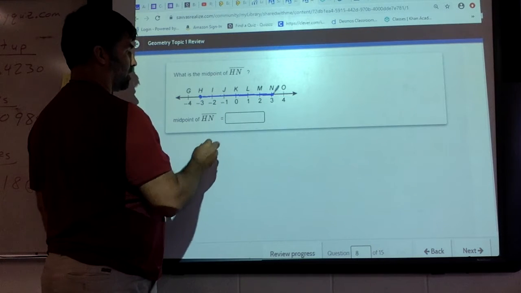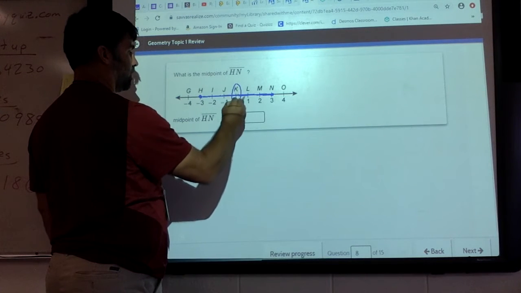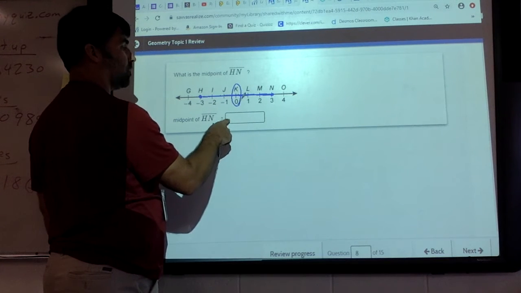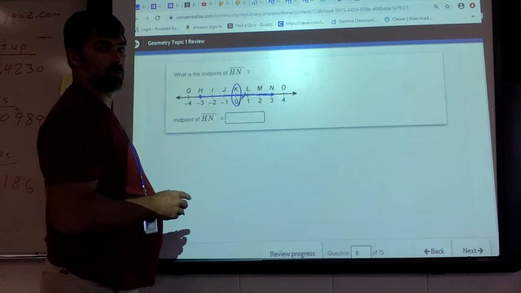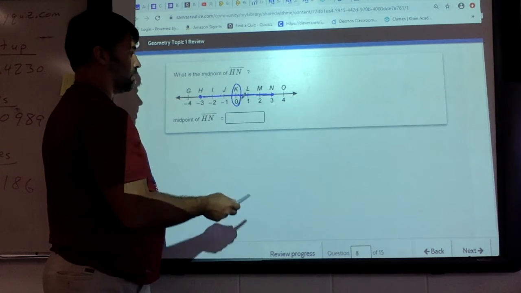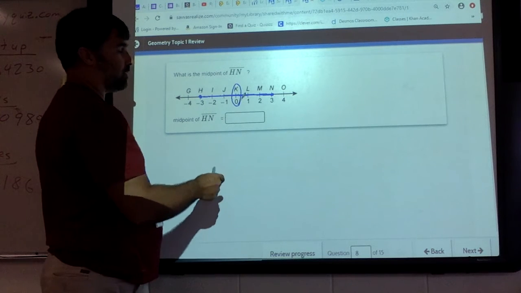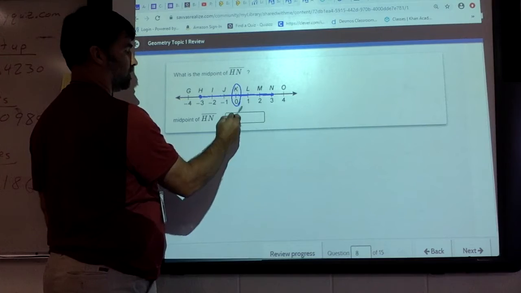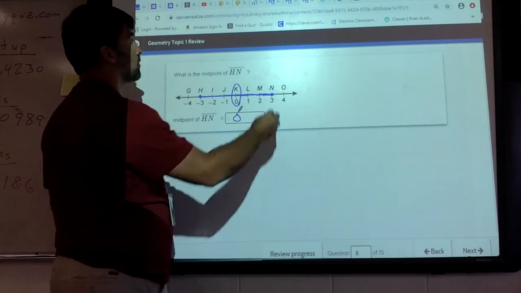So the midpoint, I think we're okay, is this thing right here. I think we understand that, right? 3 to the left, 3 to the right. But don't put K. It wants an actual number. So when you do the test, it's going to have different numbers and different letters, whatever. Don't put the letter, put the actual number. So you're going to put 0 right there. Okay?